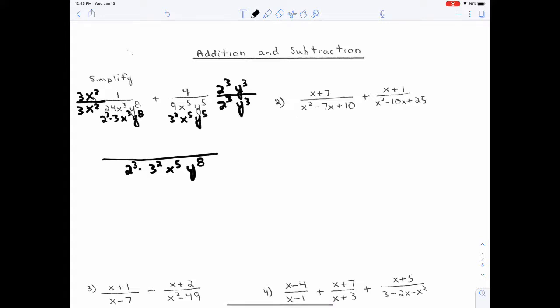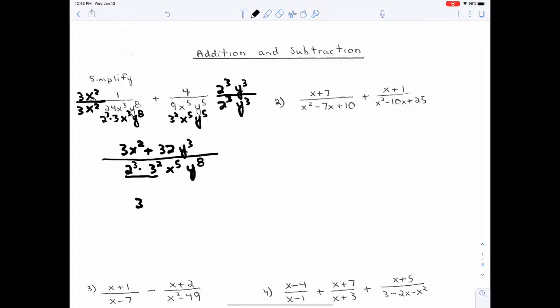So this is going to be then 3x squared plus, and 4 times 8 is going to be 32 y to the 3rd. Okay, and then we should combine these. So that's going to be 8 times 9, which is 72.